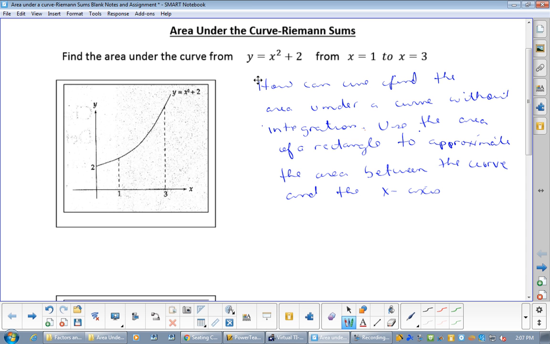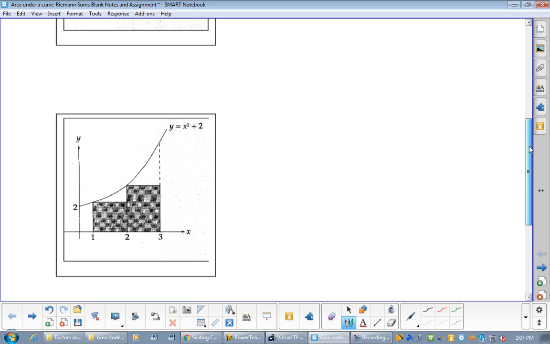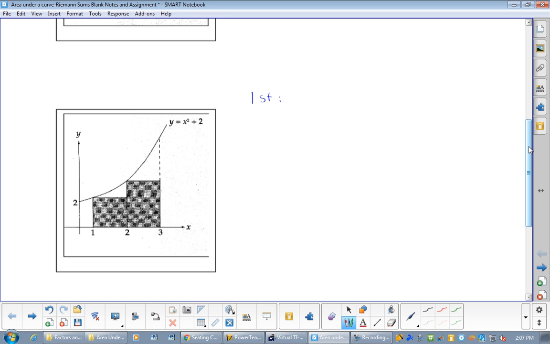Okay, so here is our curve. Here is our x-axis. We want to find the area underneath. One way we can do that is to divide it up into rectangles. So first, divide the region into two rectangles.